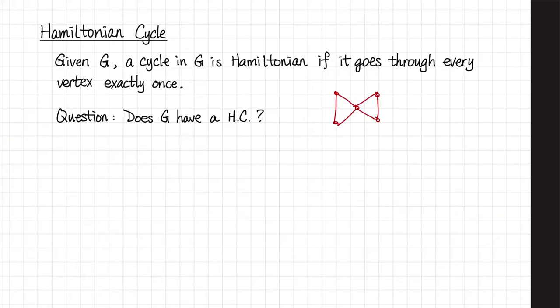So for the cycle, you start at a vertex, go through every single vertex, and then go back to where you started. This one does not. But if I add the edge on the bottom, then that will be true. But this one is not. No. If I add the edge on the bottom, then yes. Okay.